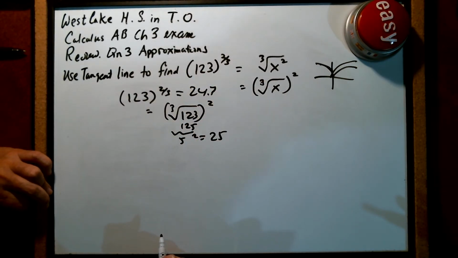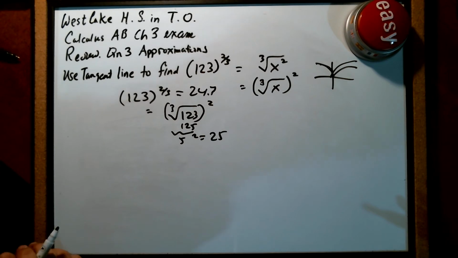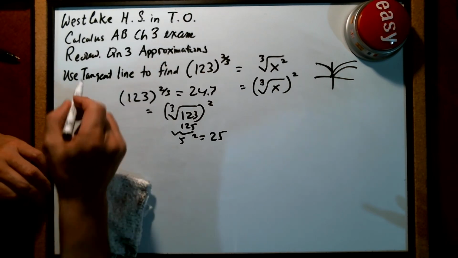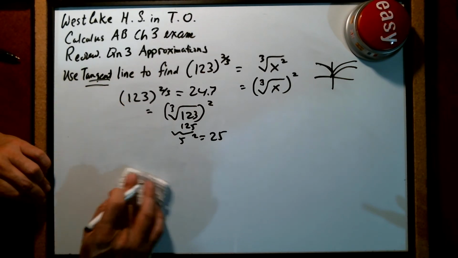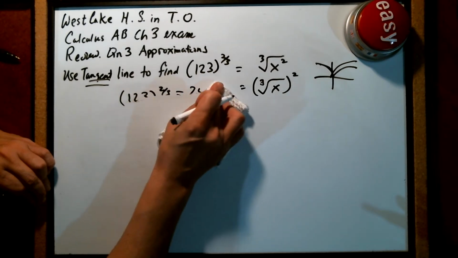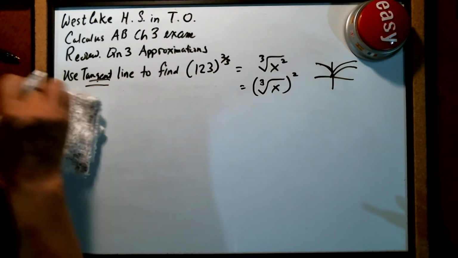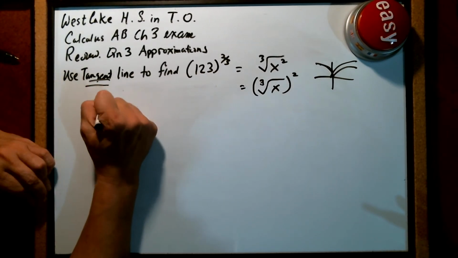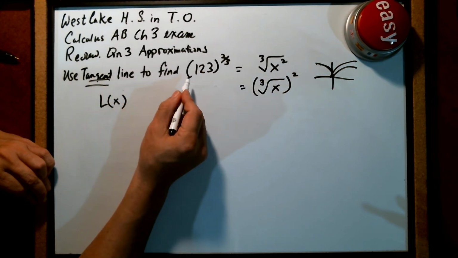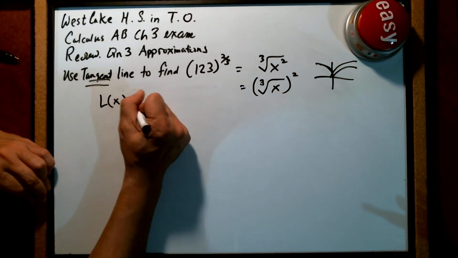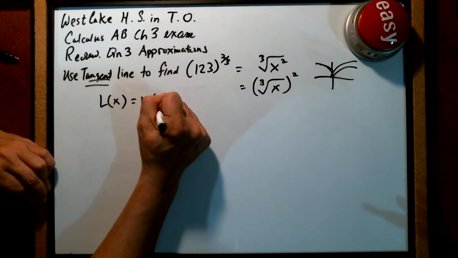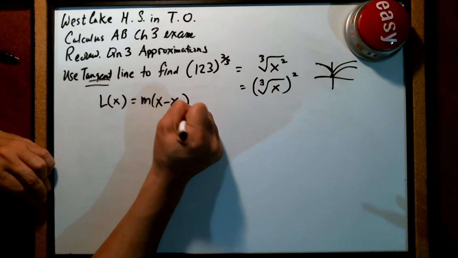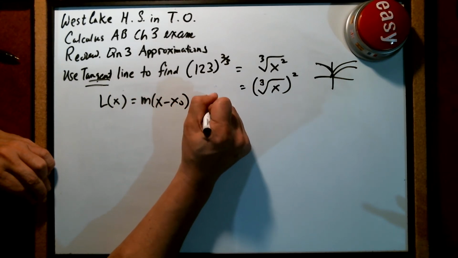So what do we do next? We have to find the linearization because it's a tangent line. How do you find the linearization? From our previous example, I believe it was problem number 2, it's equal to the slope times x minus your initial value, plus y naught.